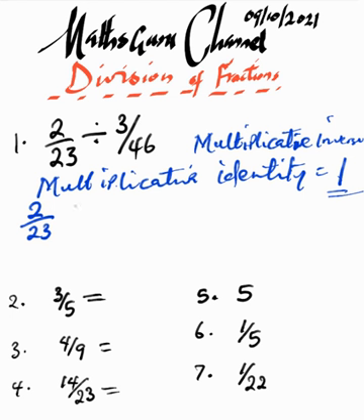The number is simply 23 over 2. We take the denominator up as the numerator, and the numerator we change to the denominator.